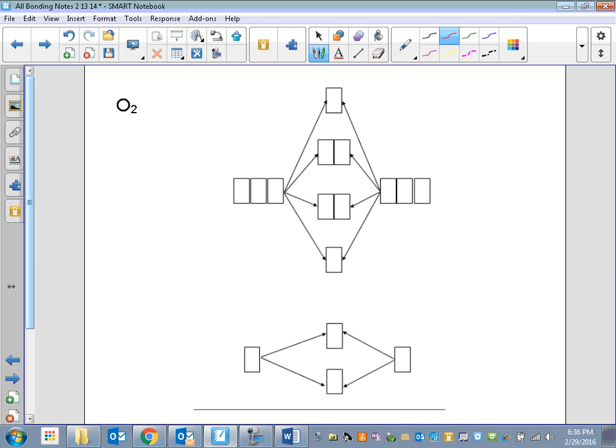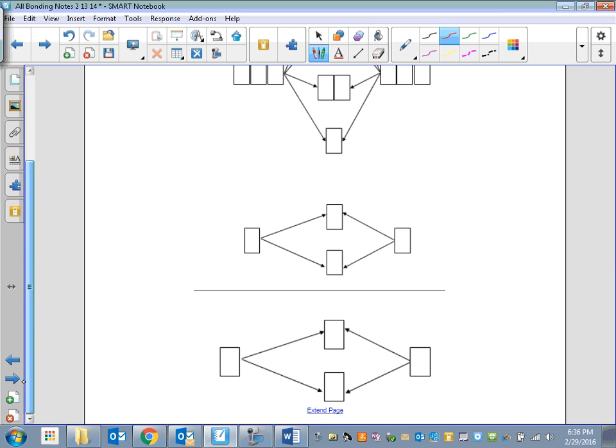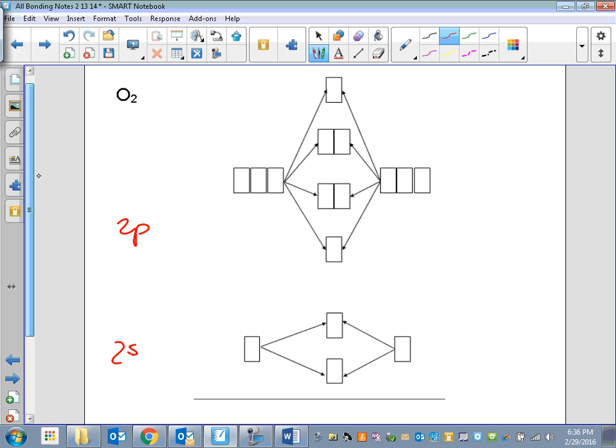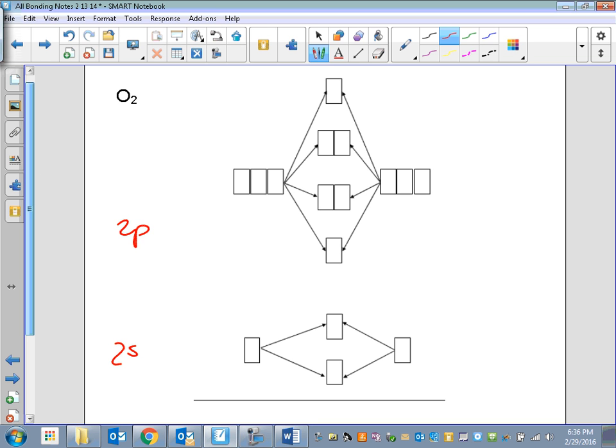Notice that, or this is the top of oxygen, by the way. So I've got the bottom. This is the 1s, 2s, and 2p. So with oxygen, we now have our pi orbitals for the 2p only having 1 orbital, and the sigma 2p having 2 orbitals.